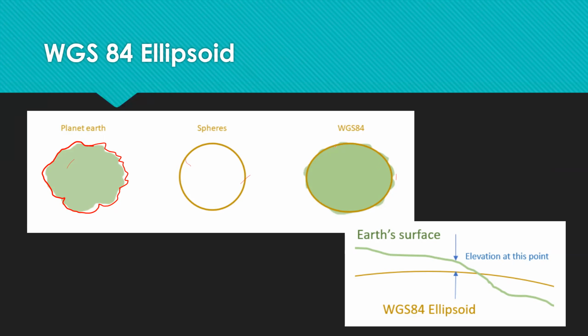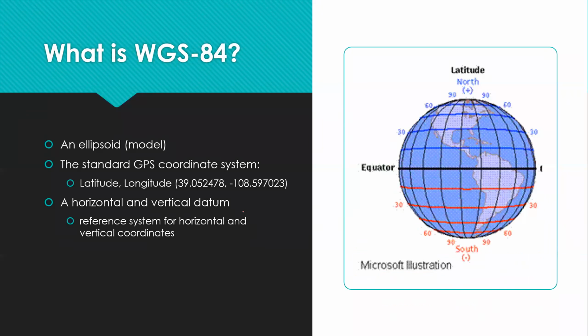And maybe if we think of the lumps as actually the undulations in the sea surface, we know that sometimes the ellipsoid is going to be below the sea surface, and sometimes it might be above the sea surface. And then when you're actually on the surface of the planet and you get your GPS point, it's telling you how far you are above this ellipsoid, which models the sea surface.